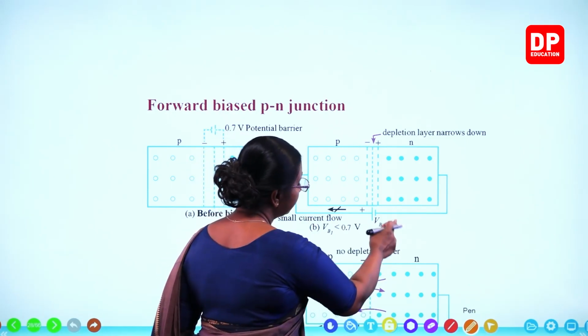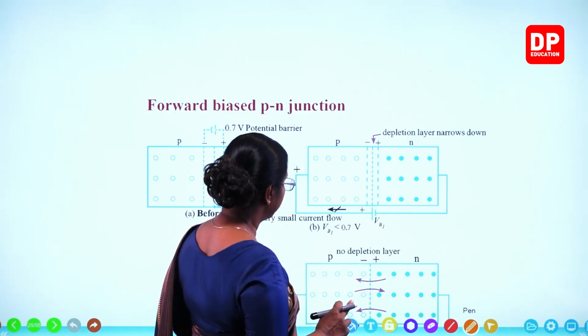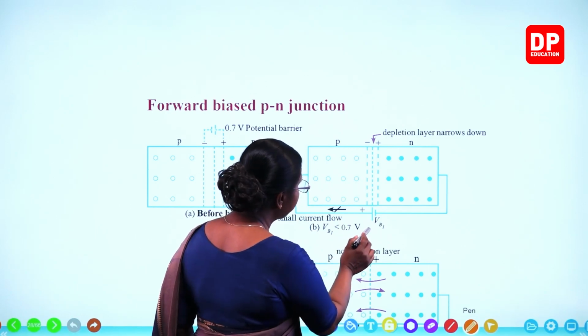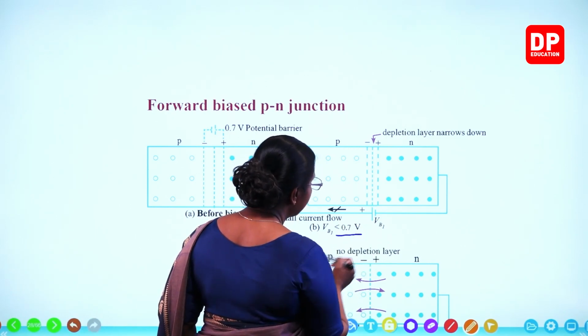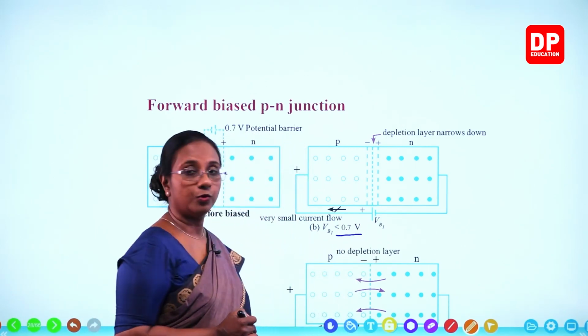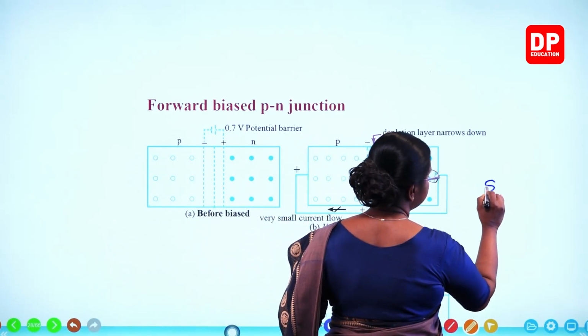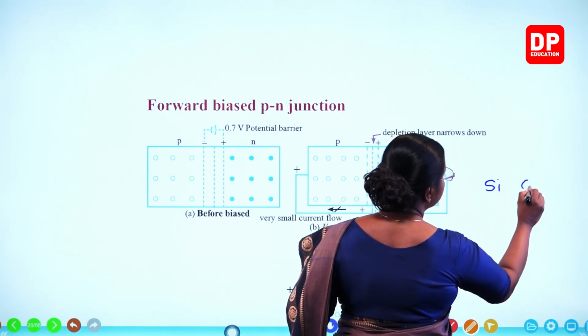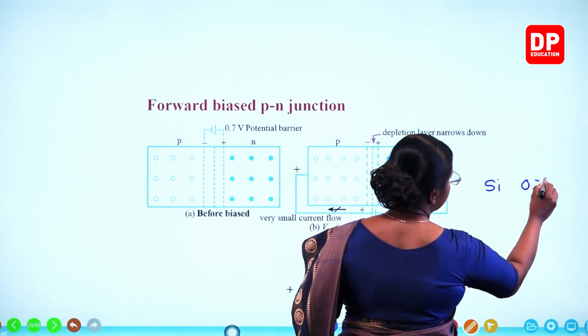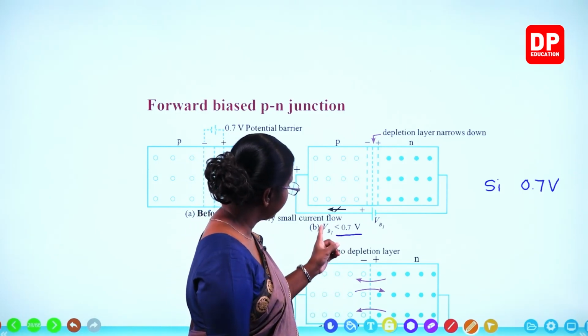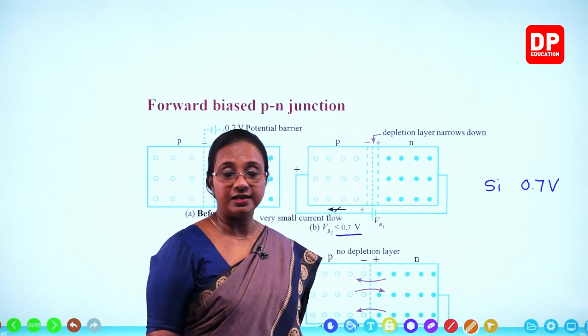We supply a voltage smaller than 0.7 volts. You all know for a silicon PN junction, the potential barrier is 0.7 volts.